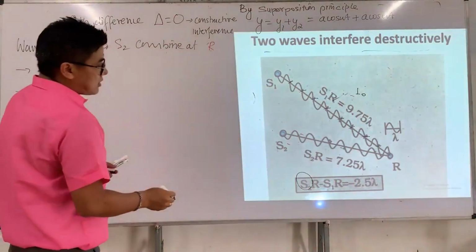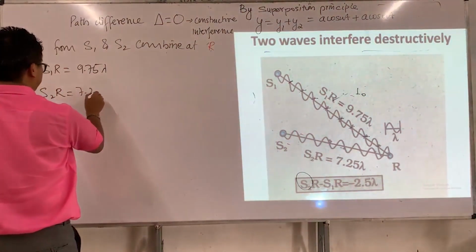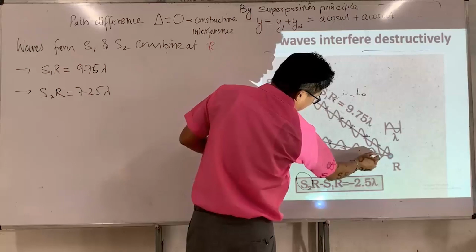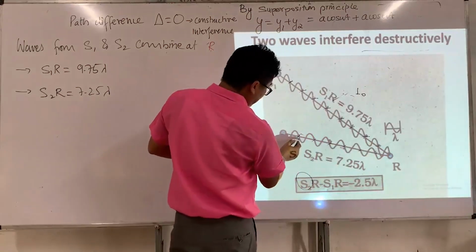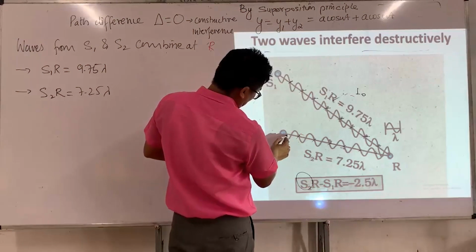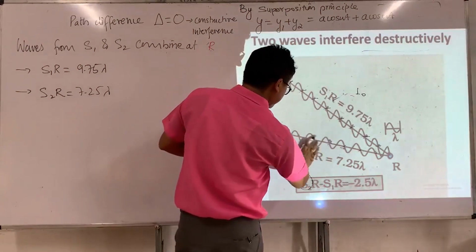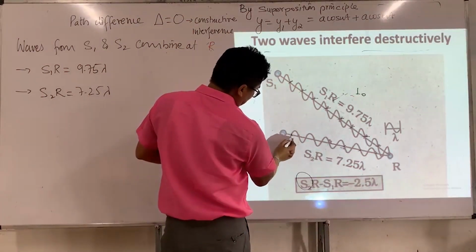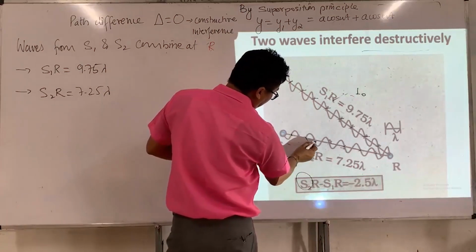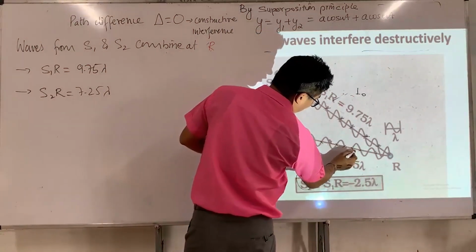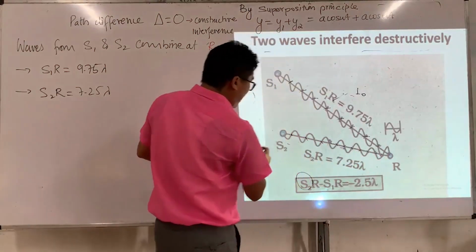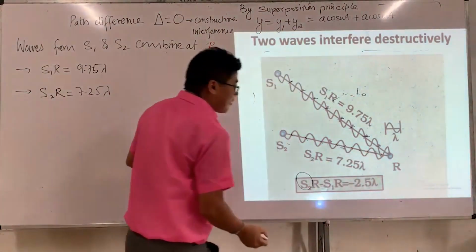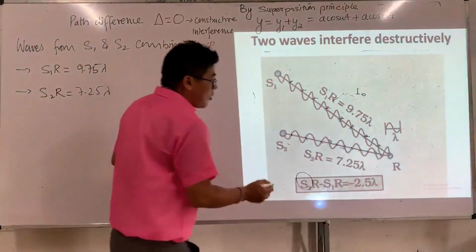S2R is going to be how much? 7.25. How many is 7.25? 1, 2, 3, 4, 5, 6, 7, and this is half, this is 0.25.